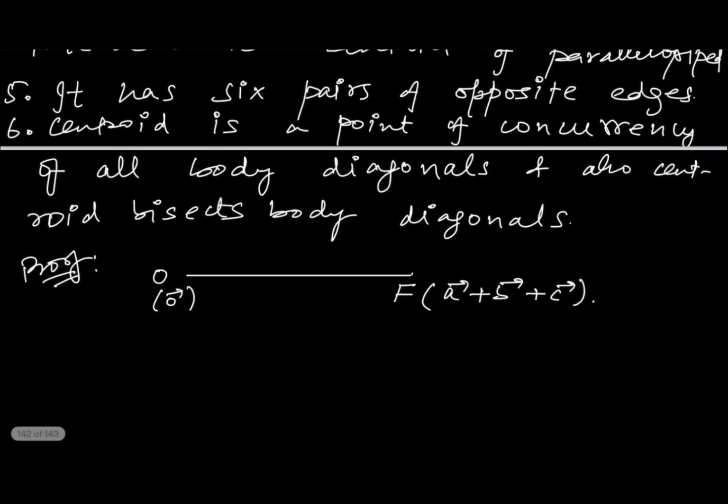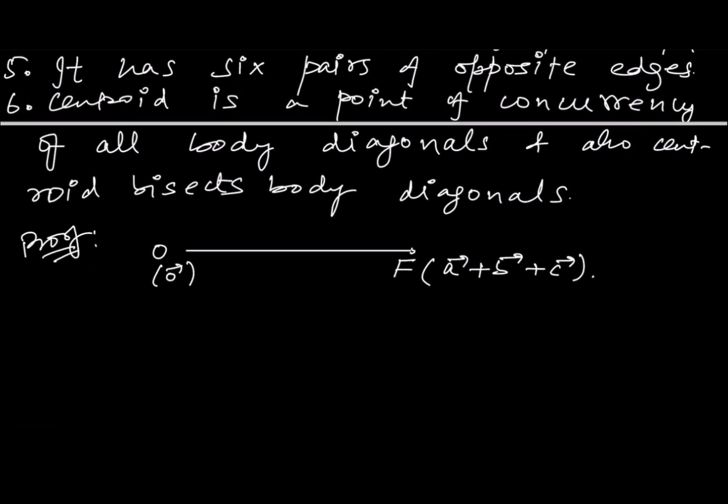So the midpoint of OF, say G, using the midpoint formula we get the position vector of G as a vector plus b vector plus c vector by 2.